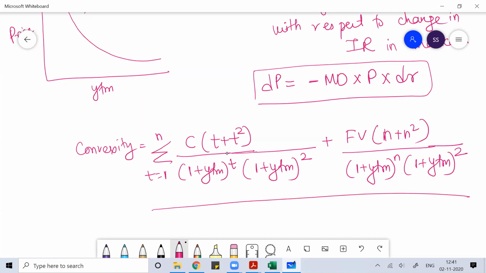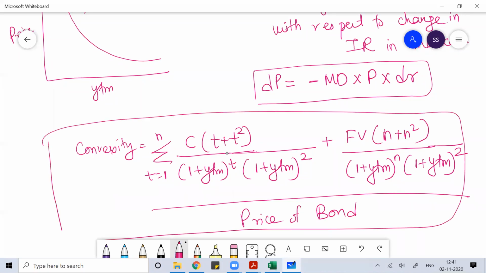This is divided by the price of the bond. This is the formula of convexity.